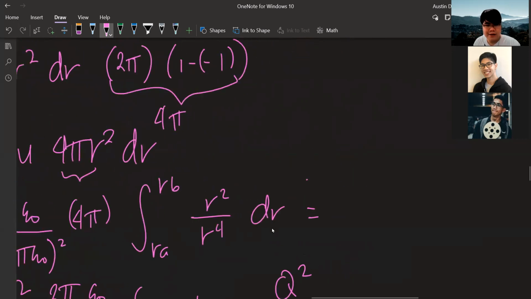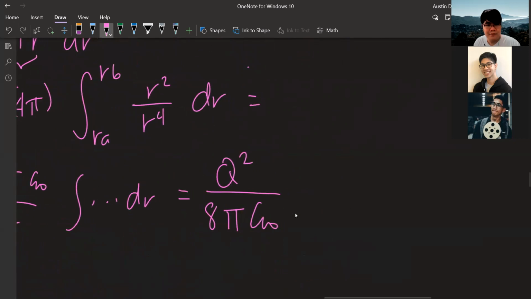And then, the integral of 1 over r squared is negative 1 over r, evaluated from RA to RB.